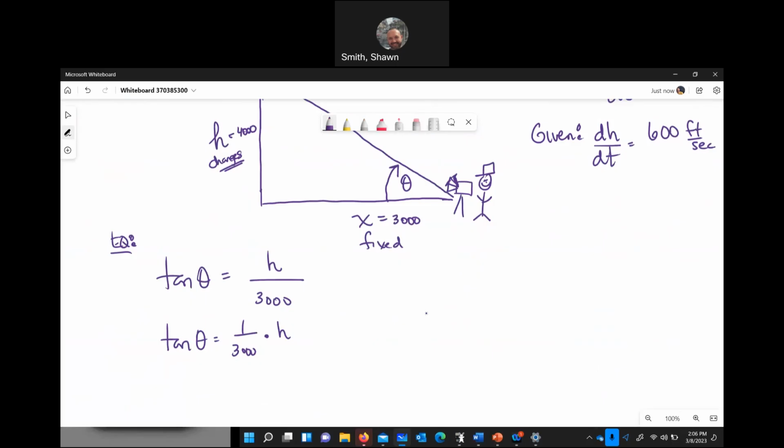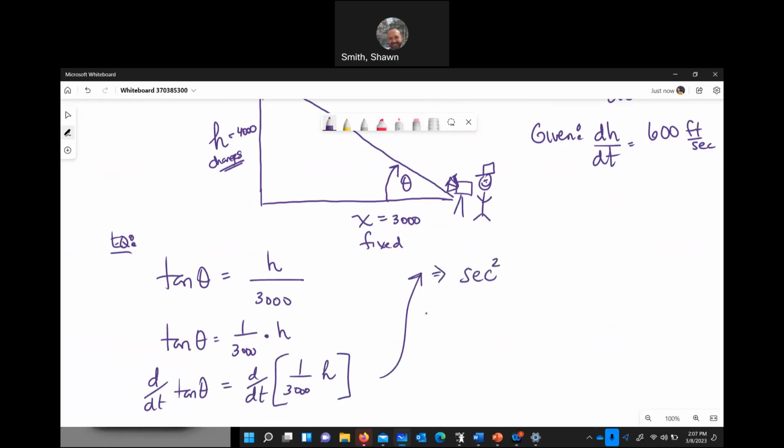All right, so now we take the derivative of both sides. So the derivative with respect to time of the tangent of theta is equal to the derivative with respect to time of 1 over 3,000 H. What's the derivative of the tangent? Secant squared of theta, right?